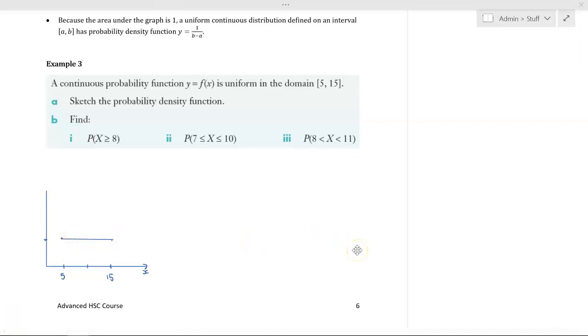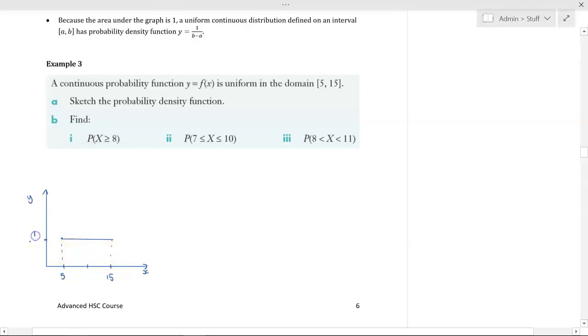So how are we going to work out, sometimes what we often do is we dot here to show that that's the end point. How are we going to work out, we could call that y, how high that is? Well, if this is 10, we know 10 times this must equal 1 because the area under the curve must always equal 1.